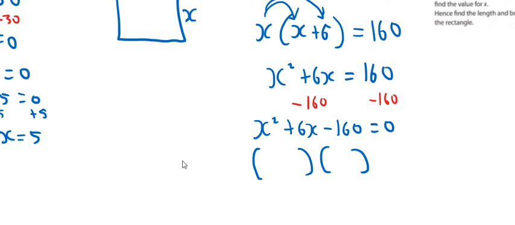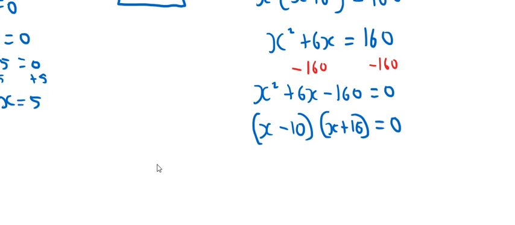So double set of brackets, x and x. It's going to be minus 10 and plus 16. So minus 10 multiplied by plus 16 would give me minus 160. Minus 10 plus 16 would give me positive 6.